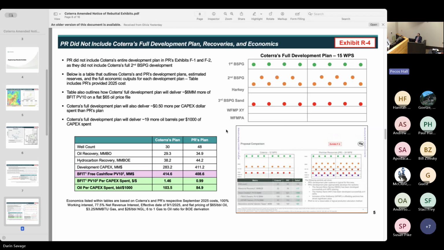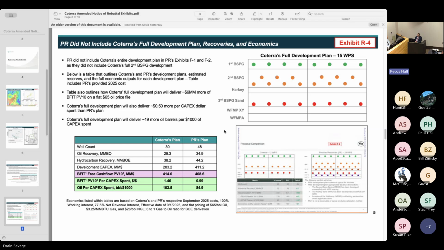As far as the remaining first and second Bone Spring developments, we have timed those out a year from today for the second Bone, and a year and a half for the first Bone Spring development. That would be our timed plan going forward. So we're giving Permian Resources the benefit that their full development plan is being drilled in Q1, but Coterra's is being drilled over a series of time.